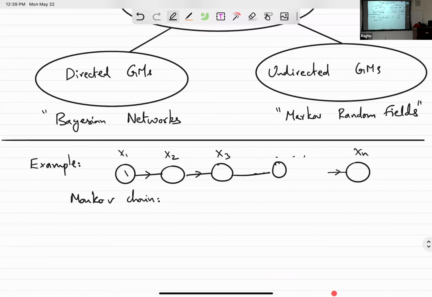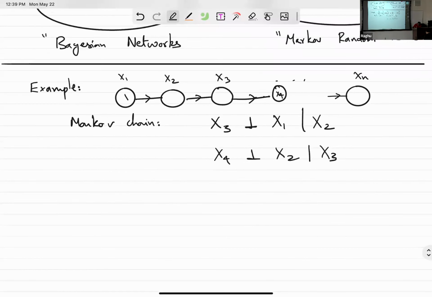So in our notation, you would say x3 is independent of x1 conditioned on x2, x4 is independent of x2 conditioned on x3. And there are a bunch of such relations.